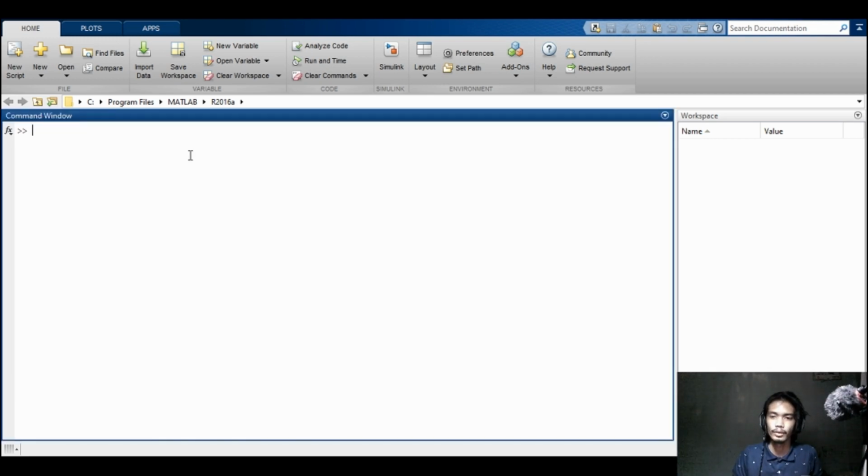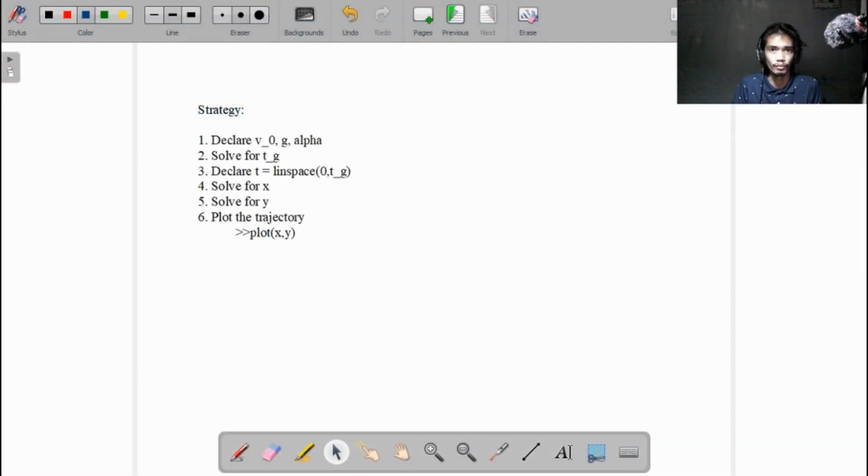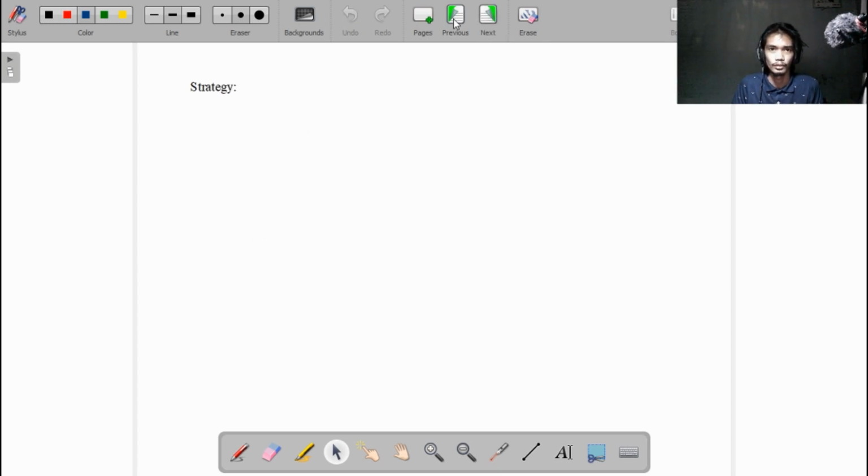Okay, so now we're here in MATLAB, and we need to have an example first. Let's try to declare some variables first. Okay, so I want to have v0, alpha, and g, because yan yung mga constants na kailangan natin. So let's have an example.